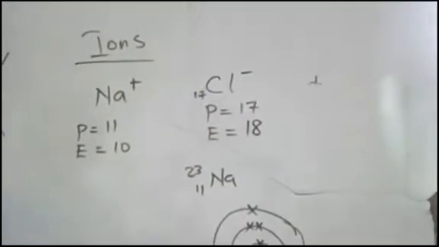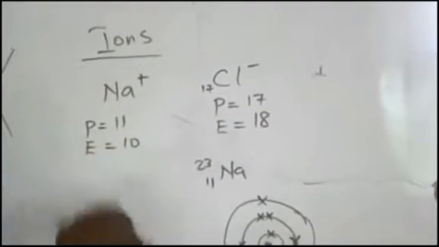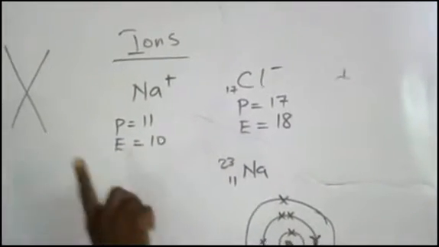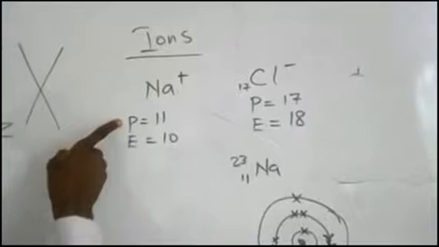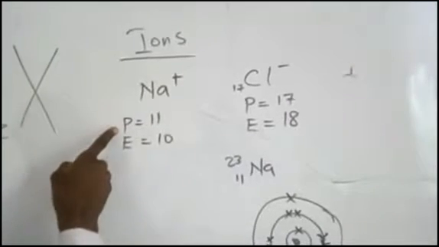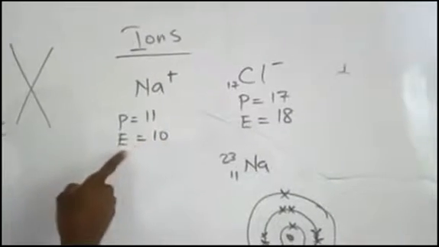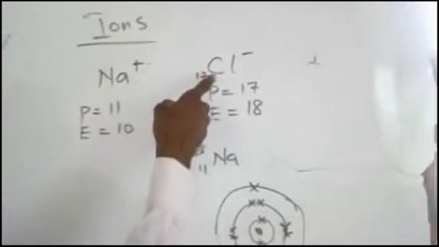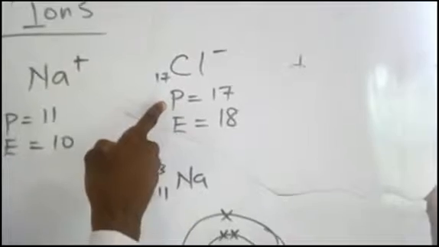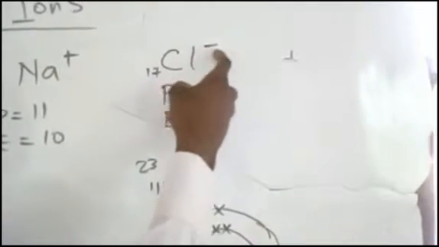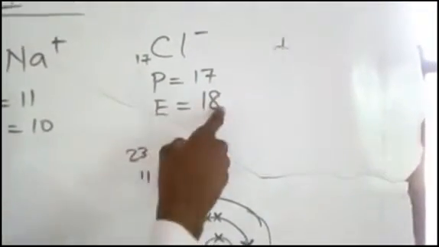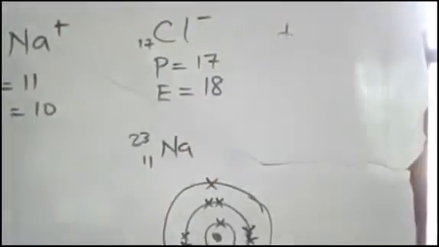If you are calculating for a positive ion, you subtract 1. The number of protons for sodium is 11, minus 1, that will be 10 for the number of electrons. In the chloride ion, the number of protons is 17. Because it is negative, you add 1 to it, then that will be 18.